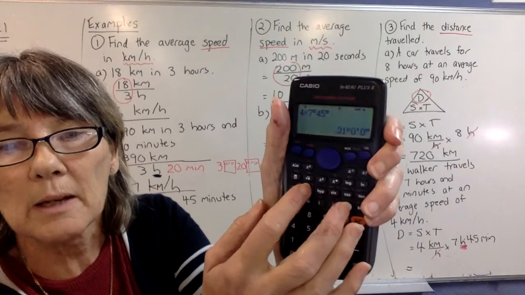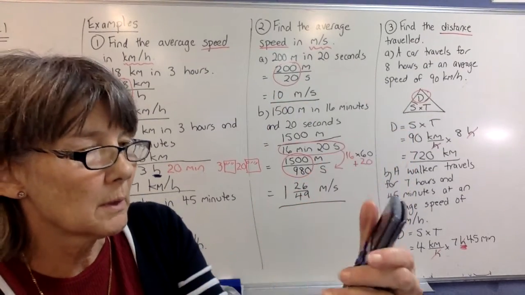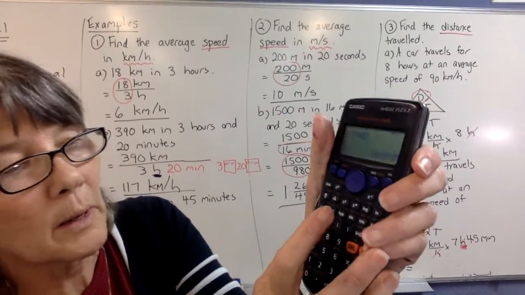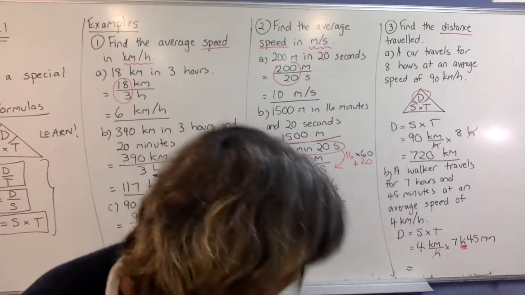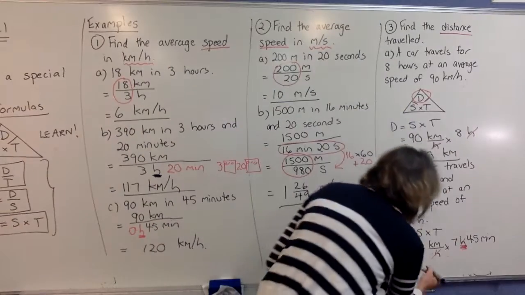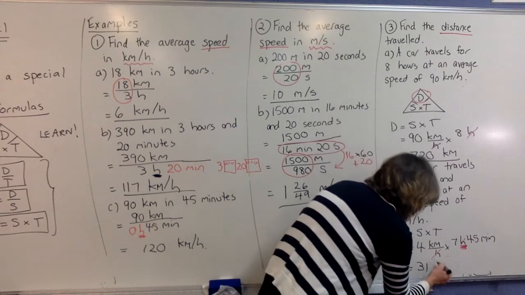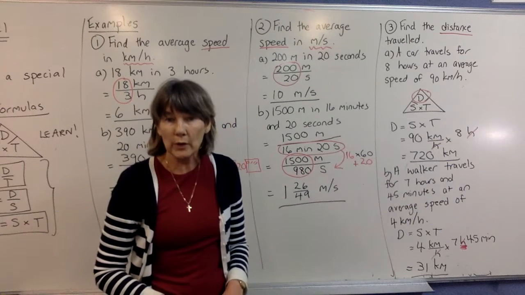You can press that key again if you like. Oh, don't press that. Okay, when you're there, you press this key, the degrees one, and it gives you just a 31. Okay, so we're going to write 31 down. And that answer is in kilometres because we are finding a distance. So they travel 31 kilometres.